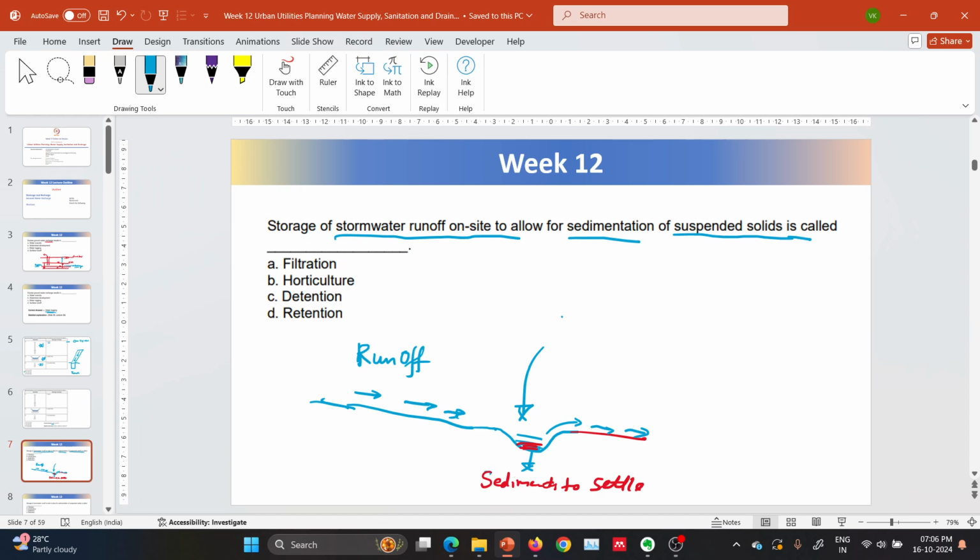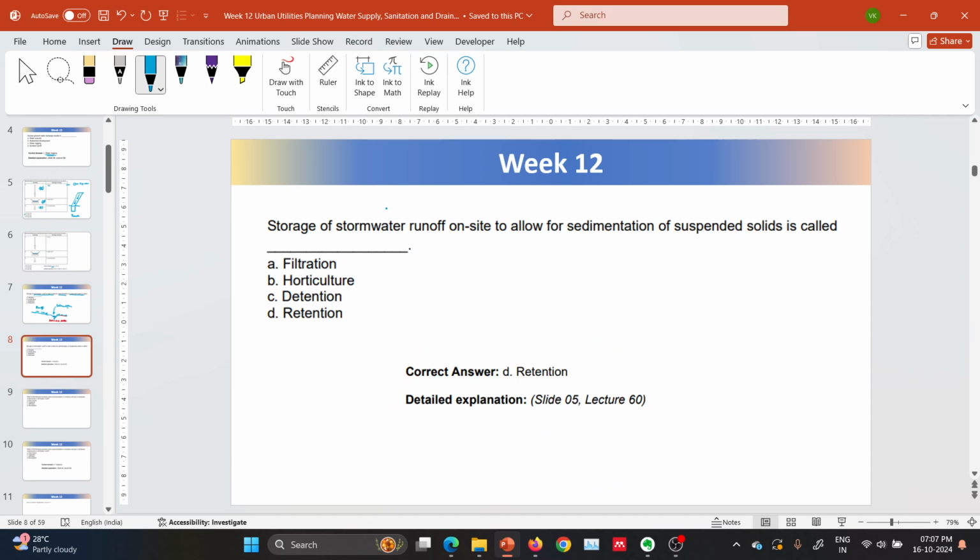So here is sedimentation, and this is called retention.